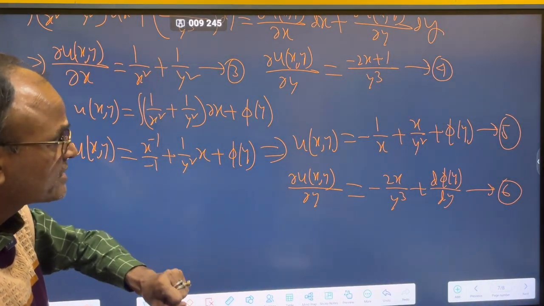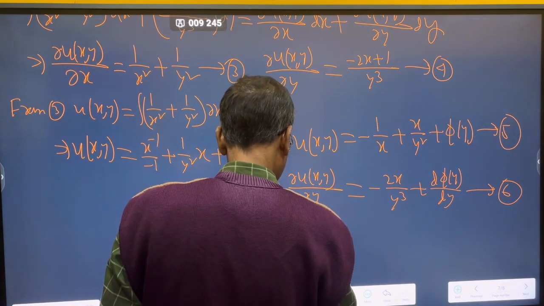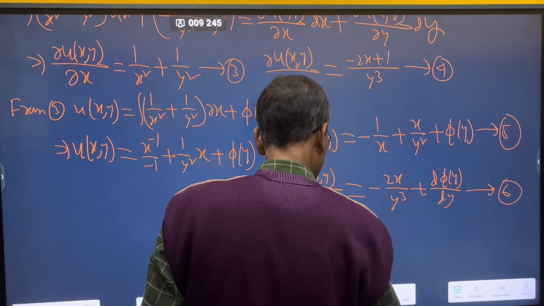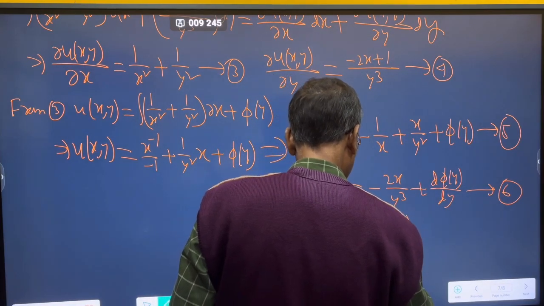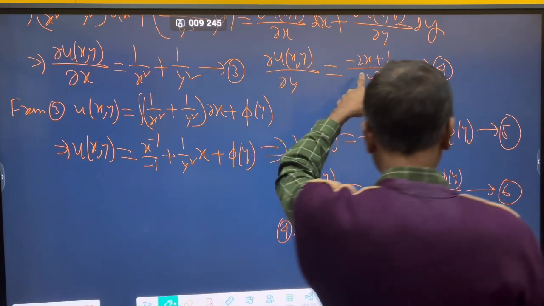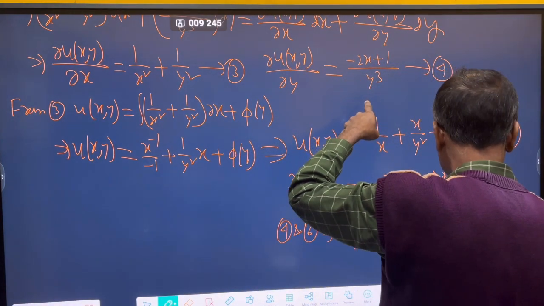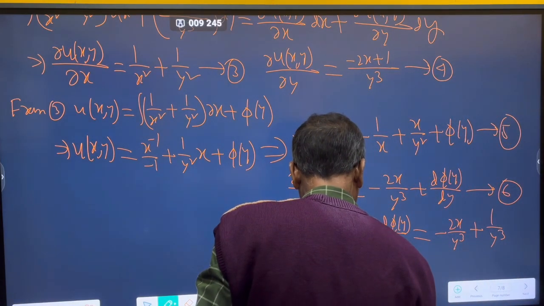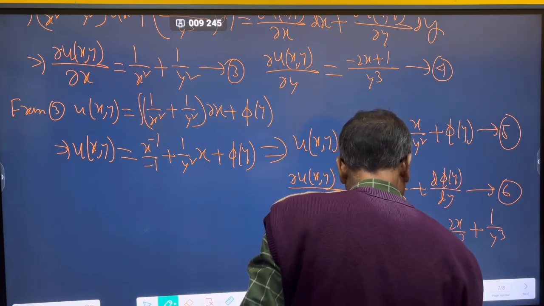From 4 and 6, we get −2x/y³ + d phi by dy equals −2x/y³ + 1/y³. So d phi by dy equals 1/y³.